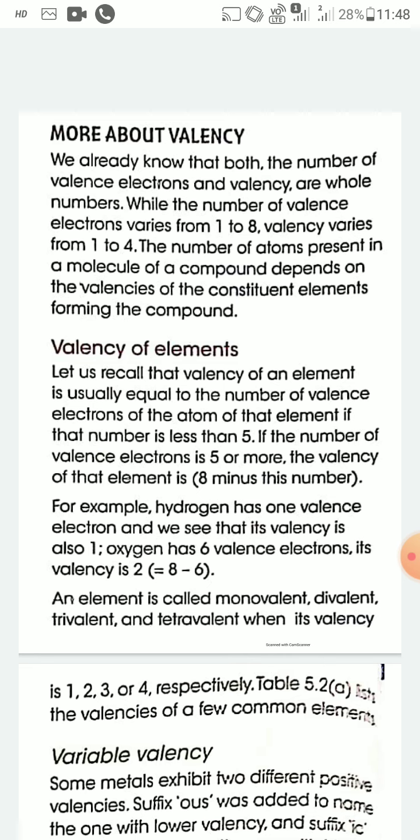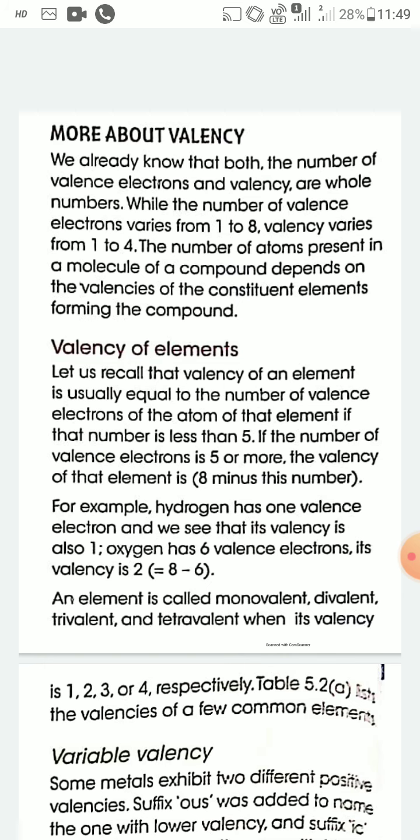The valency of an element is usually equal to the number of valence electrons of the atom of that element if the number is less than 5.